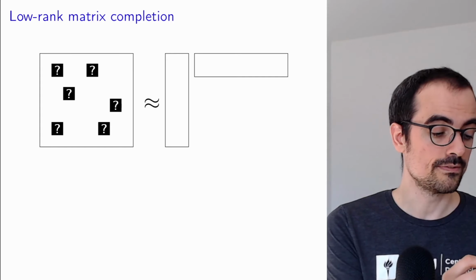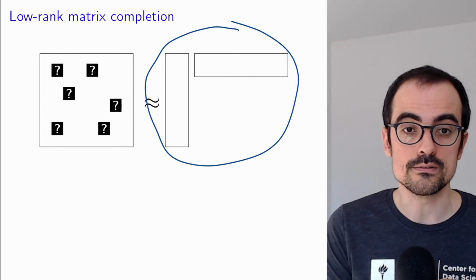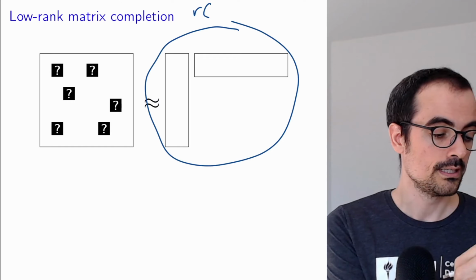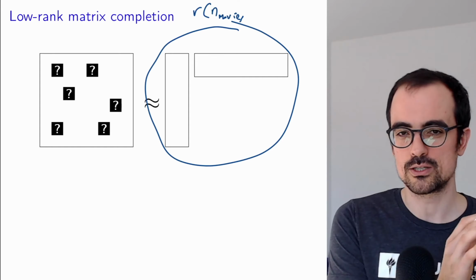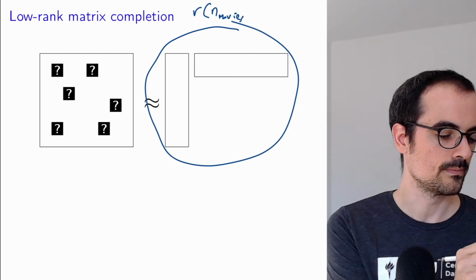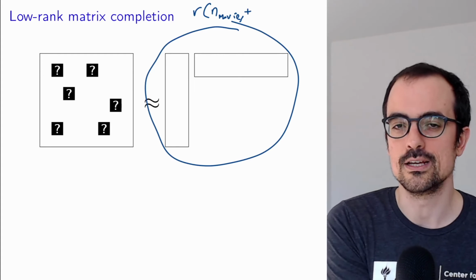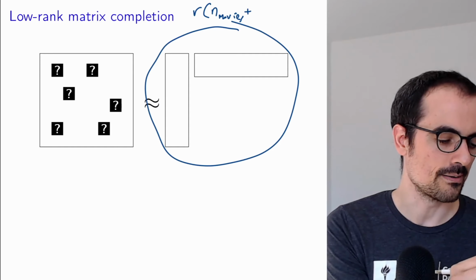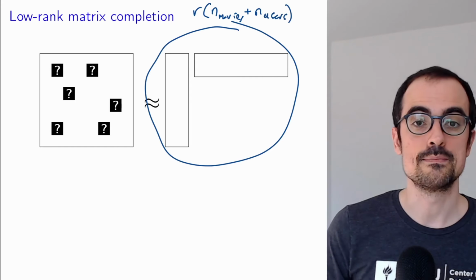If you manage to fit a rank R model, you might be able to pull this off, because remember, I have just shown you that roughly speaking, the rank 1 model has, I say roughly speaking because there could be a different number of degrees of freedom depending on whether you use the SVD or not. But don't worry about this. Basically, the number of parameters here is the number of movies plus the number of users, times R.